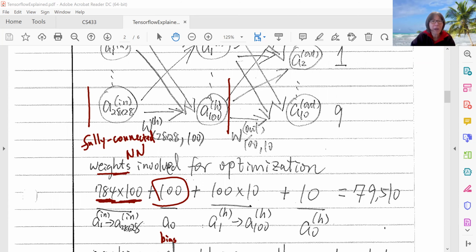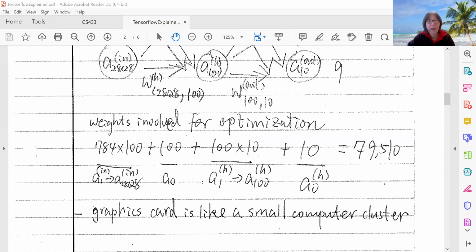Then from hidden layer to output layer, there should be 100 times 10 weights, plus the bias term, so we have 10. So the total is around 79,000 weights we need to train. So it's a lot.